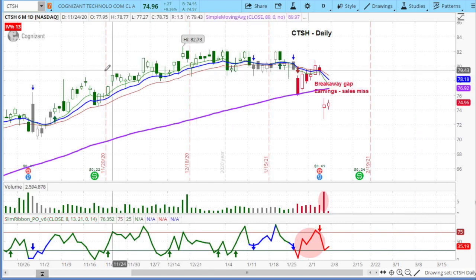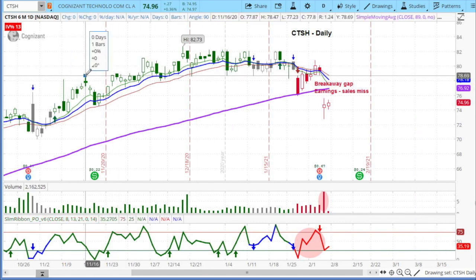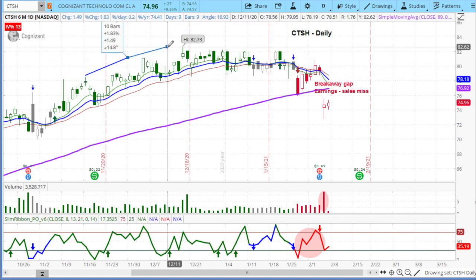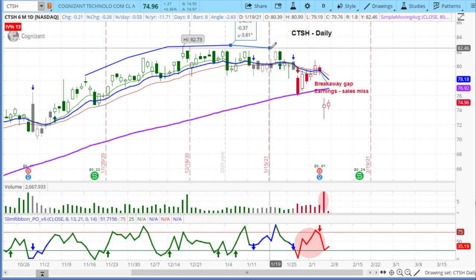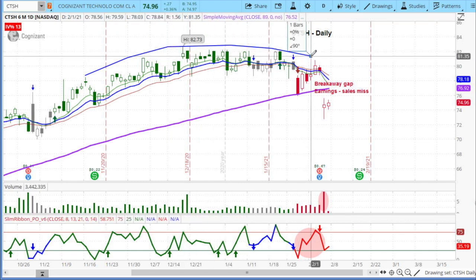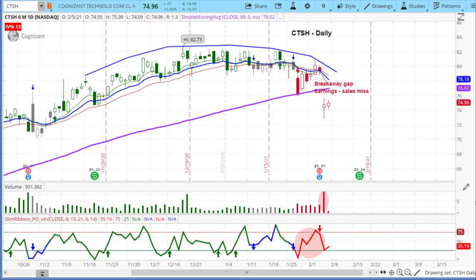Saucer tops are really nice. They're very reliable, and you could see what they look like in the saucer top right in here. I figured I'd draw it for you a little bit later, and look at the beautiful saucer top in there. And that is a breakaway gap, a beautiful top, breakdown of momentum, high volume, and the likelihood of continued downside in there is extremely high.